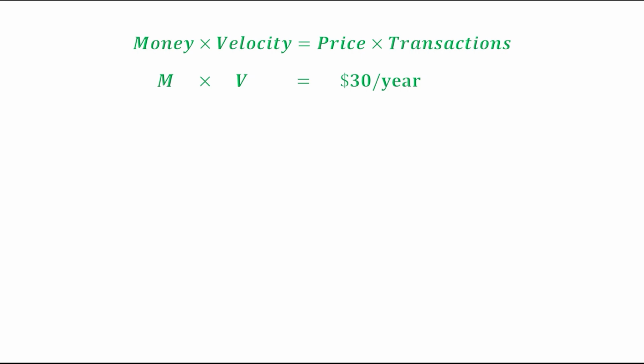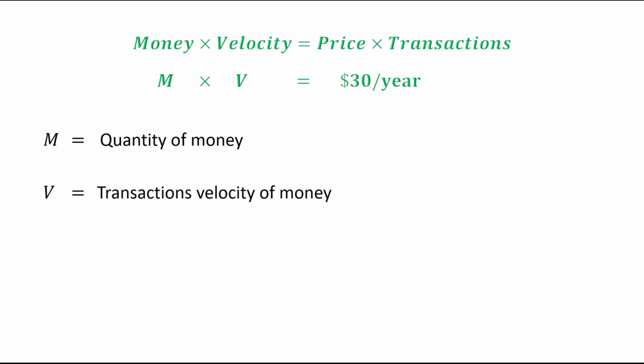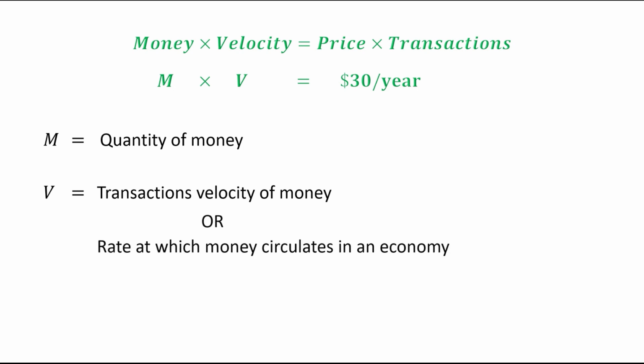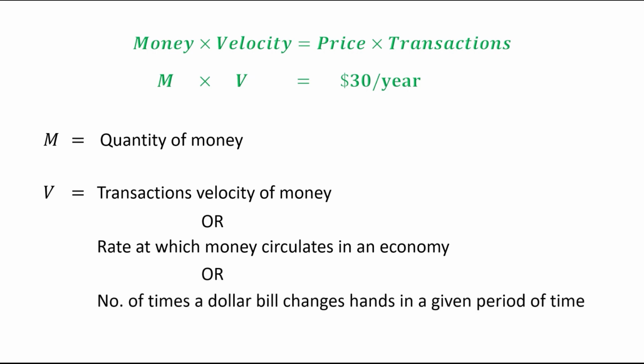Now let's examine the left hand side of the quantity equation. The left hand side tells us about the money used to make the transactions. So when we talk about M, it refers to the quantity of money in the economy. V refers to the transactions velocity of money, or you can say the rate at which money circulates in an economy, or we can say the number of times a dollar bill changes hands in a given period of time.